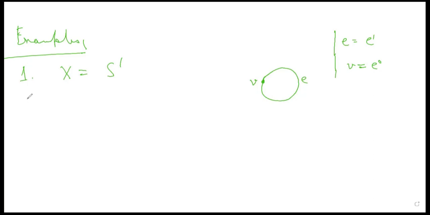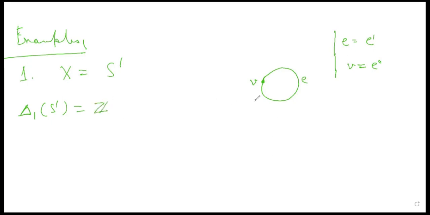Now you can see that Delta 1 X is this. How many open 1-simplices are there? Only one, this one.